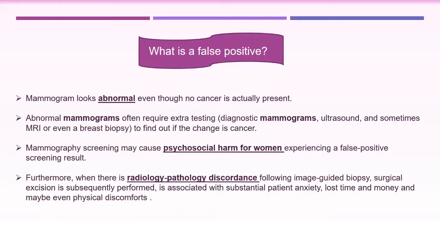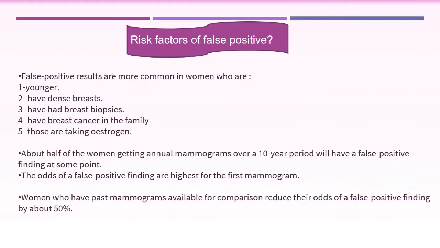And when we recall a female for a false positive result, she will definitely be insulted psychologically, and especially if the radiology-pathology results are discordant, it might go further to surgical excisional biopsy and result in substantial patient anxiety, time loss, money loss, and physical discomfort. So we have to reduce the false positives as much as we can.